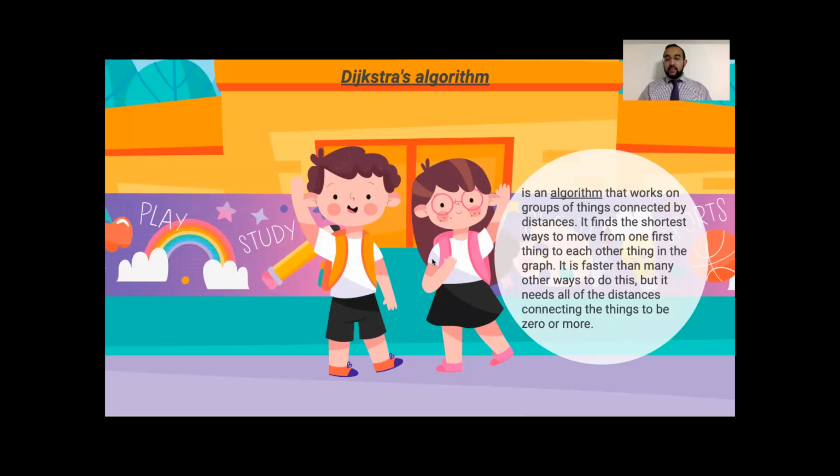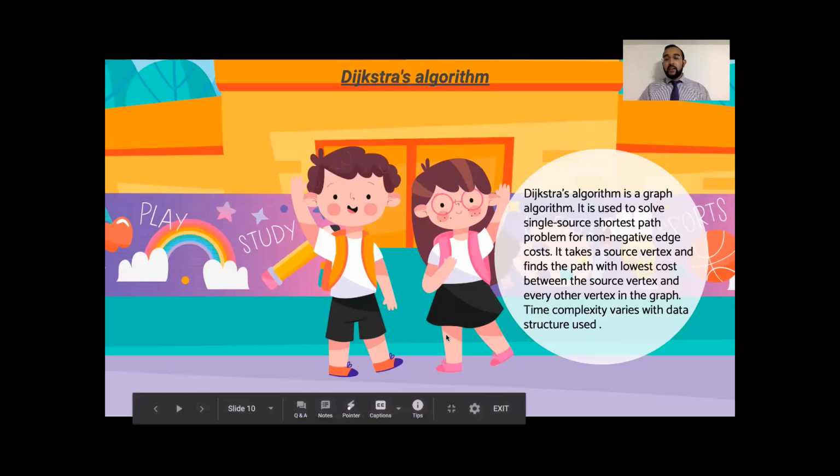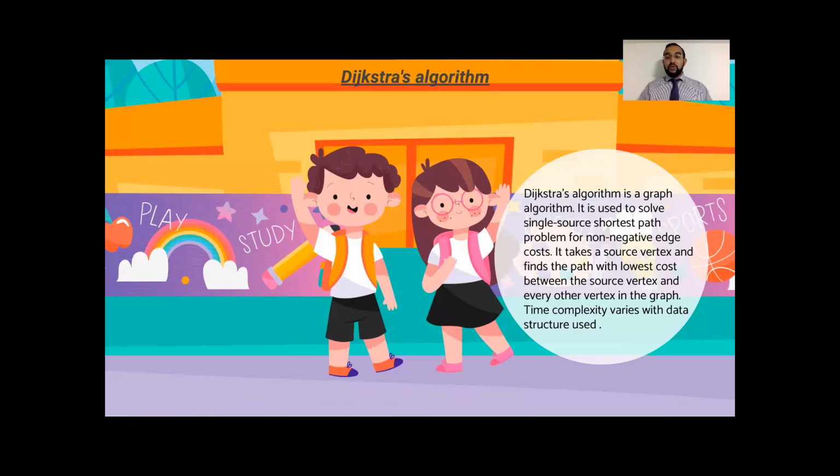It's faster than many other ways to do this, but it needs all the distances connected to these points or things to be 0 or more. You cannot have negative distance. In other words, Dijkstra's algorithm is a graph algorithm. It is used to solve the single source shortest path problem for non-negative edges and costs.